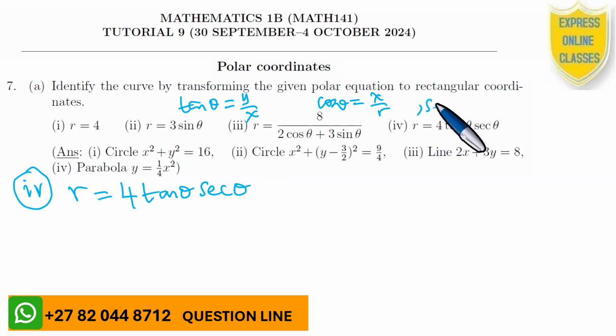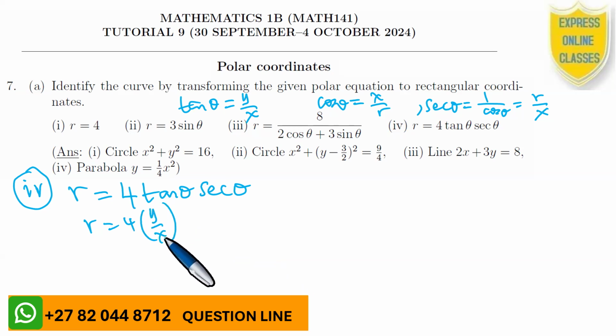And we know that sec theta is 1 over cosine theta, which is r over x. So to convert this one, we're going to do substitutions. And then we have r, the tangent of theta is y over x, and the secant of theta is r over x. So we get exactly these here.